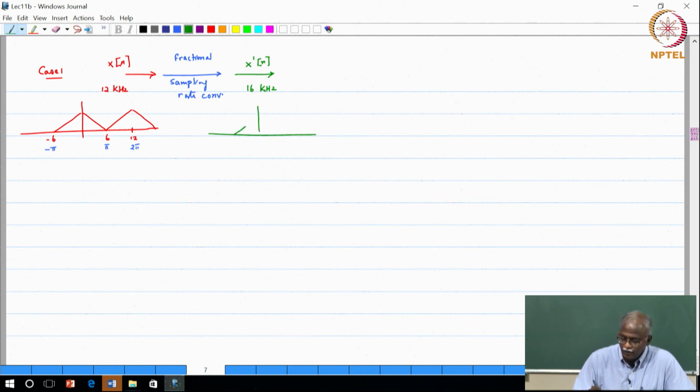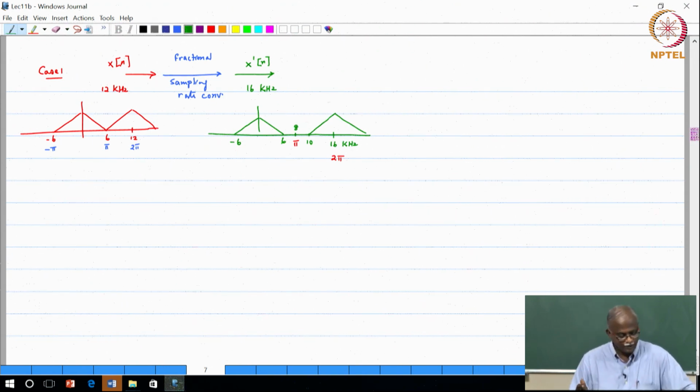I want the original spectrum between minus 6 to 6. Instead of being Nyquist sampled, I now have a gap, because I have chosen to sample it at 16 kilohertz. If this is 2 pi, this is pi, and this corresponds to 8 kilohertz. So, there is a little bit of spacing between the spectral copies.